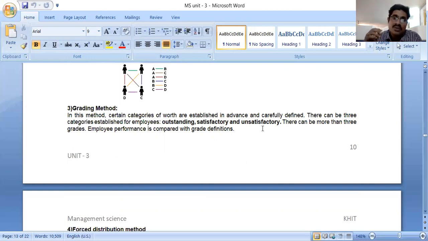In this method, the hierarchy divides employees into three categories: outstanding employees, satisfactory employees, and unsatisfactory employees, based upon their performance. This type of checking performance is called the grading method.